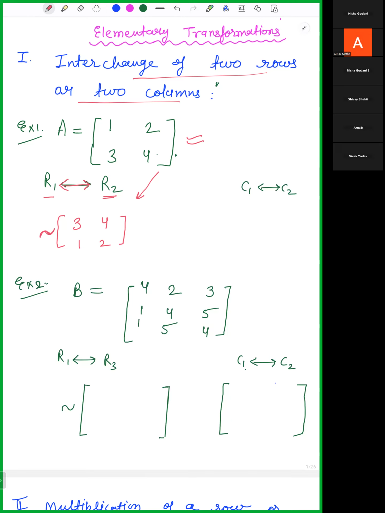Don't write the sign of equal to here. If you have to apply the operation of C1 interchange with C2, this means you have to interchange two columns. So what will be the matrix after applying this operation? You have the first column 2, 4 and another column 1, 3. So you have this matrix if you apply this interchange of C1 and C2.